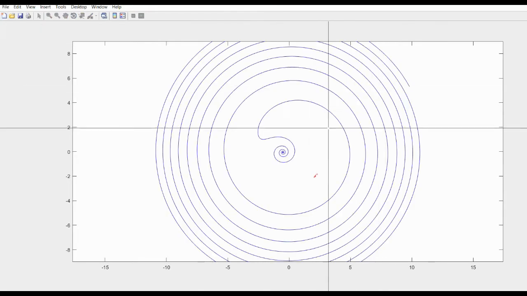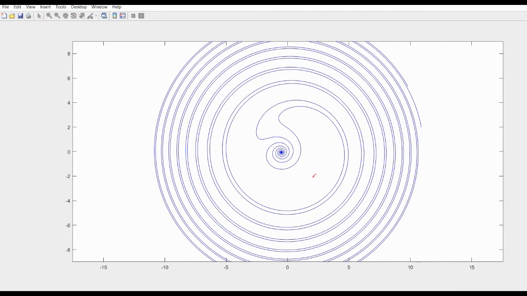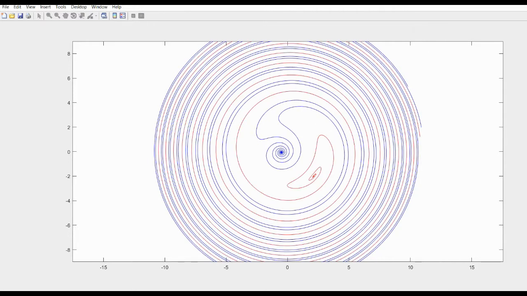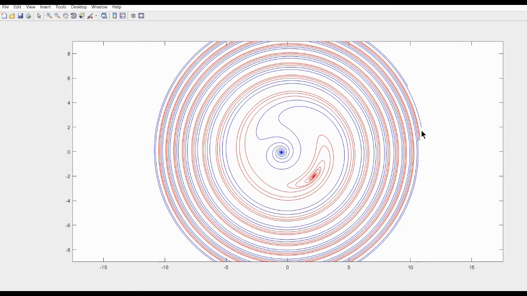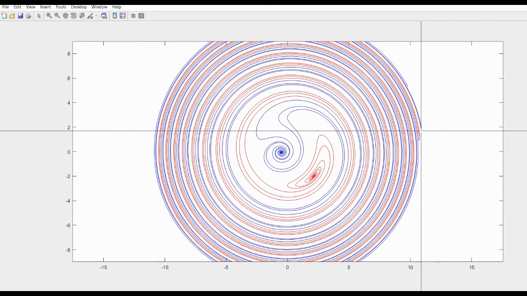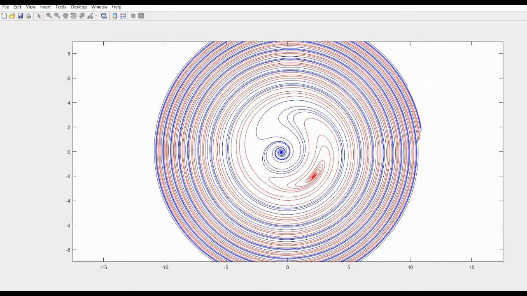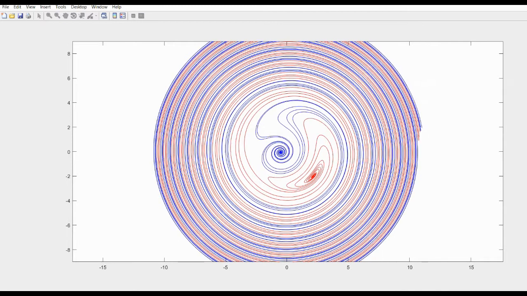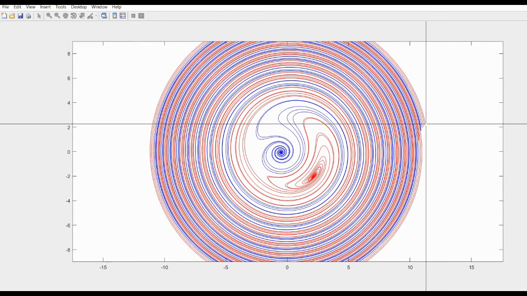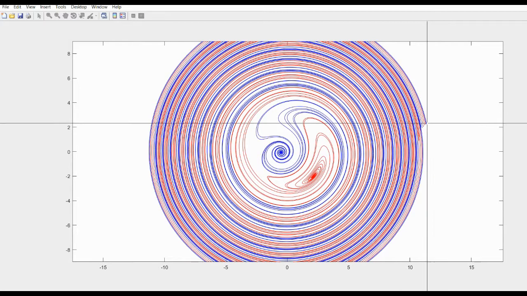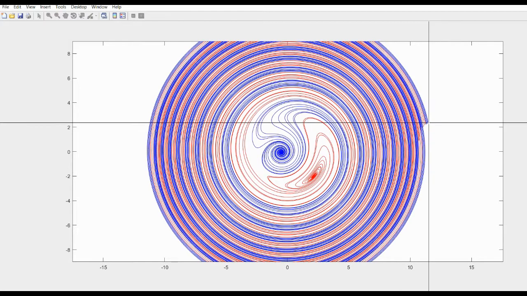See, large amplitude solution, so this is something I was saying earlier, I hope you remember, that from a large amplitude there are solutions that will go both to the small amplitude solution as well as the large amplitude solution, depending on initial conditions.